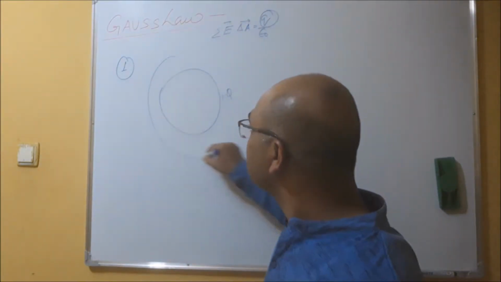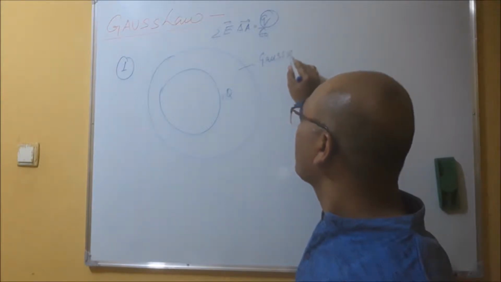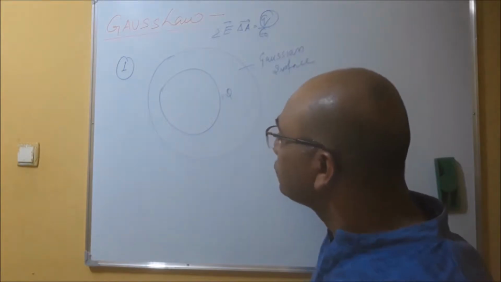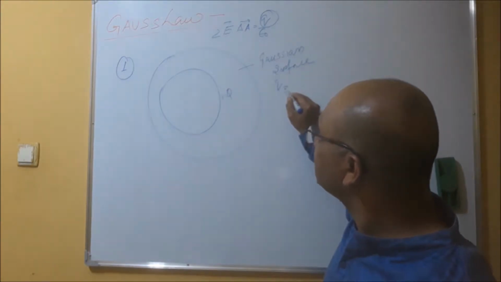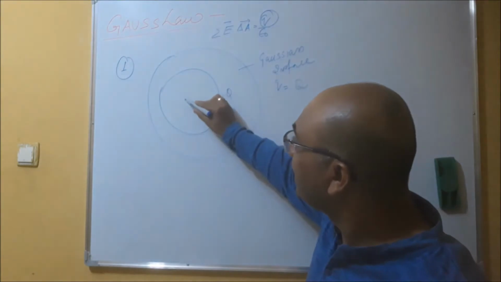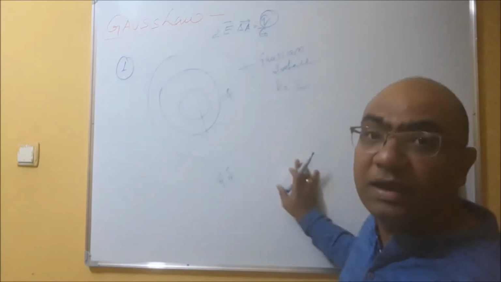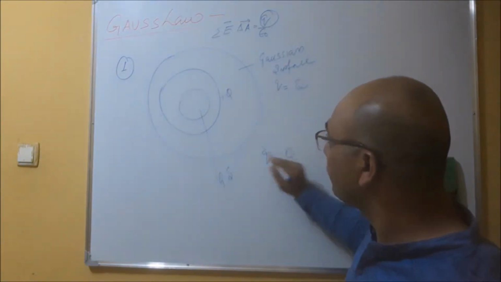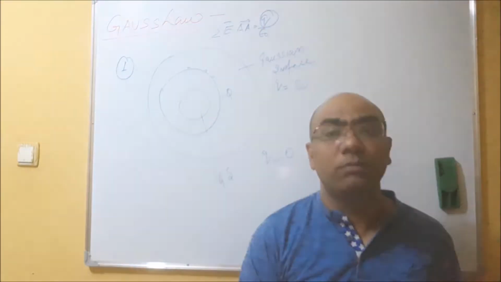If we take this as a Gaussian surface, we will say that the charge enclosed by this Gaussian surface is plus q. But if I take this as a Gaussian surface, then the charge enclosed is 0, because this plus q is lying on the outer surface of this metal body, maybe a metal sphere.